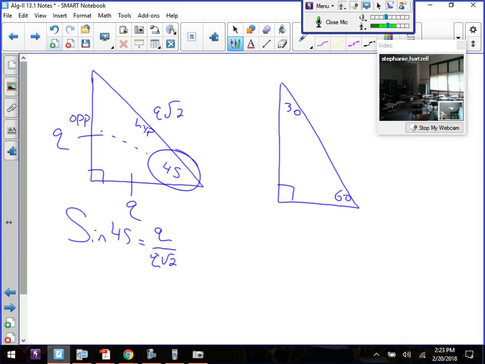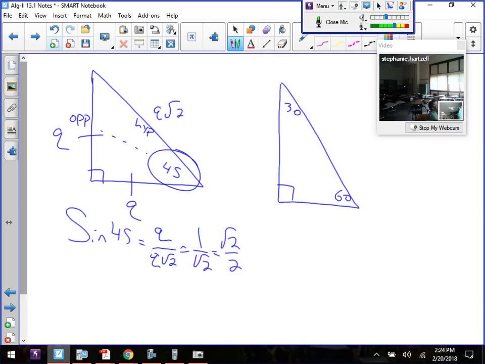One over root 2. And do we like radicals in the bottom? No. It's root 2 over 2. Okay. That's why all of this works, because those Q's that you used last year will simplify themselves out.